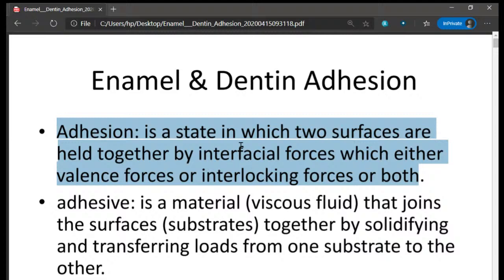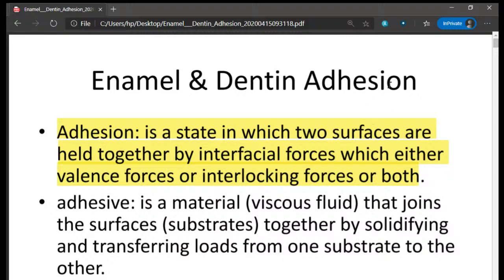So adhesion is a state in which two surfaces are held together by interfacial forces, which are either valence force or interlocking force.